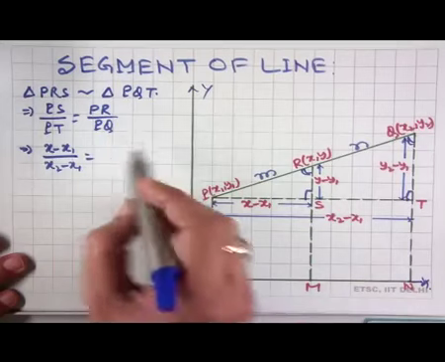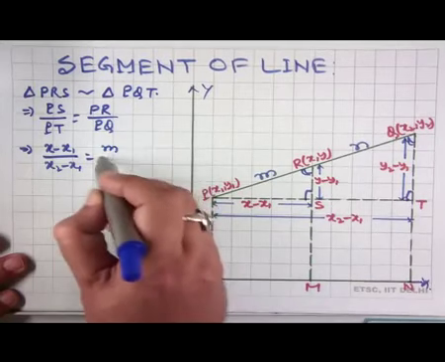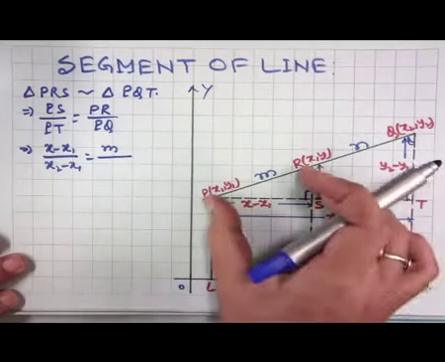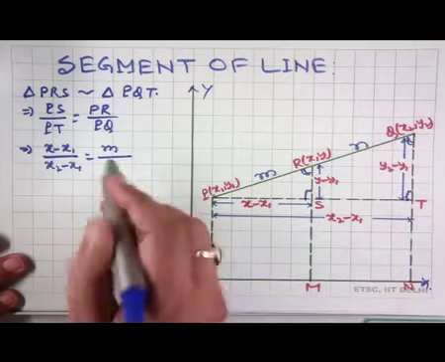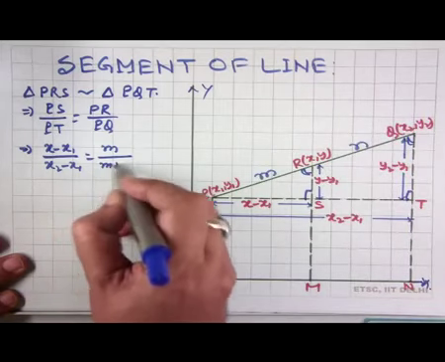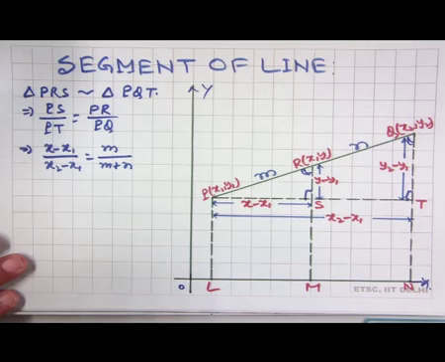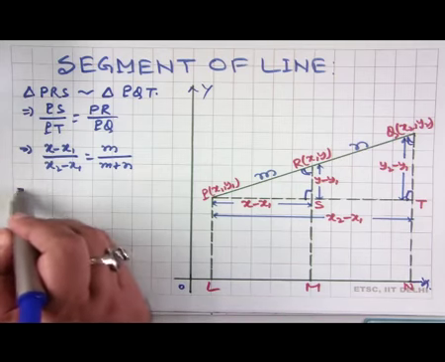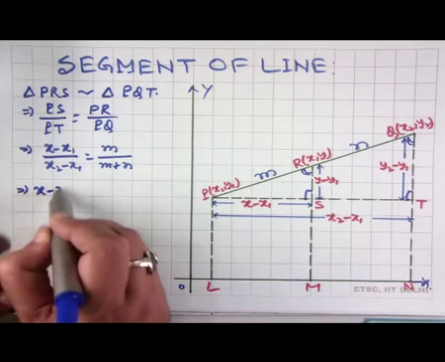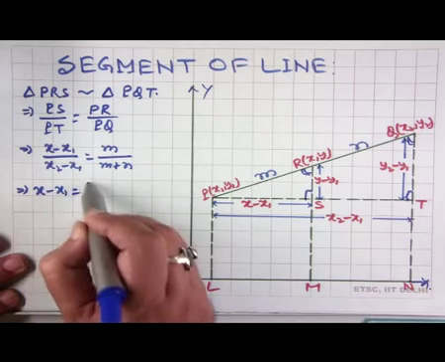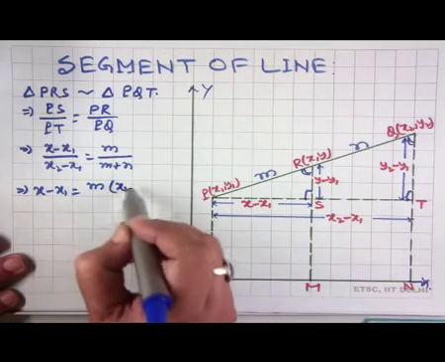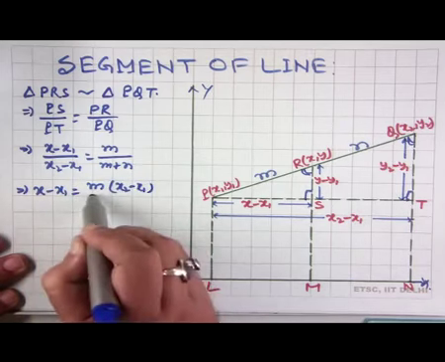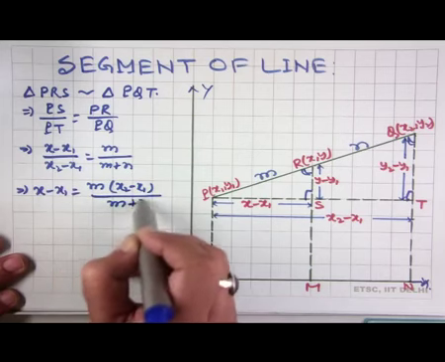So PR is m, and PQ means PR plus RQ, so this is m plus n. So this implies x minus x1 is equal to m times (x2 minus x1) by m plus n.